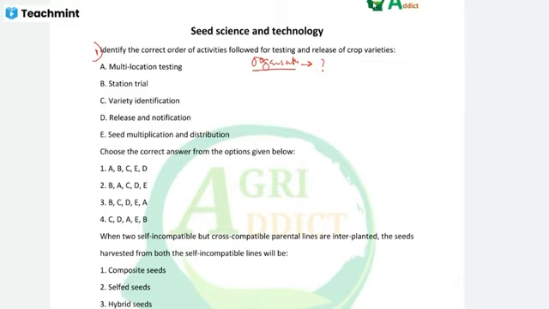Okay, NSC. Kavya is saying NSC. Very good. Any other answers? Yes, be quick.